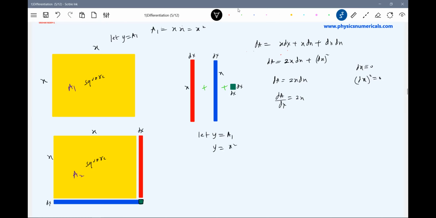A1 was x square, no? So this is y equal to x square. Let me differentiate this: dy equal to 2x to the power of 2 minus 1 dx. So dy by dx, here I am getting this one. Now you tell me. So what is dy here? Okay, one more step. What is that dy here? What does it represent?